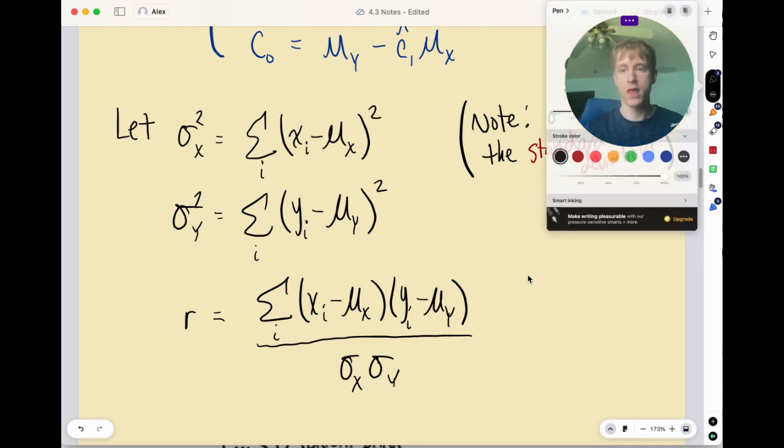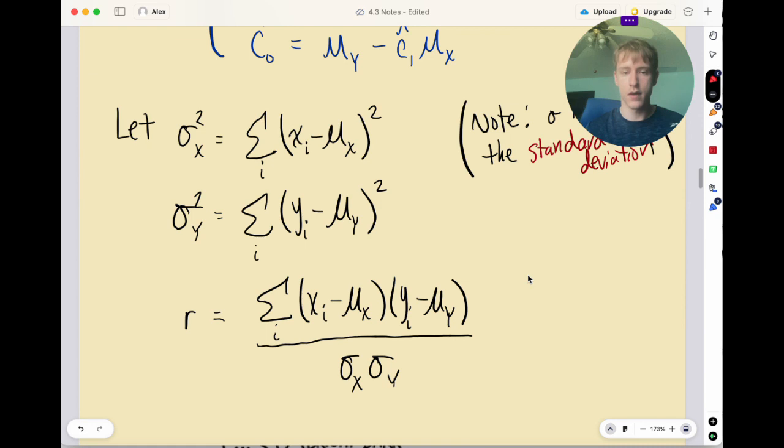Where R is called the correlation coefficient, for reasons that we will explore in a minute. Okay, that's very helpful to know.